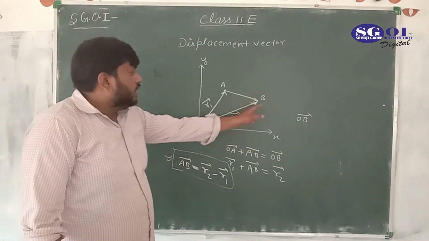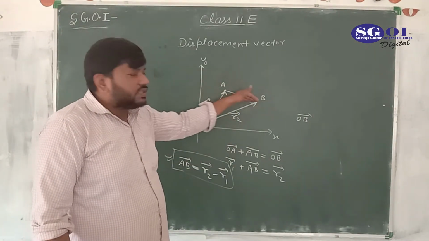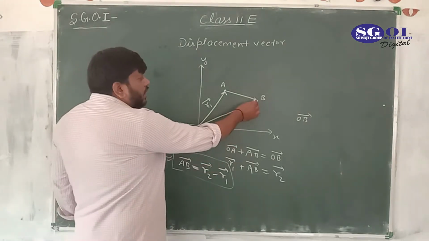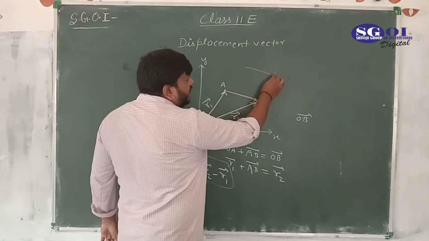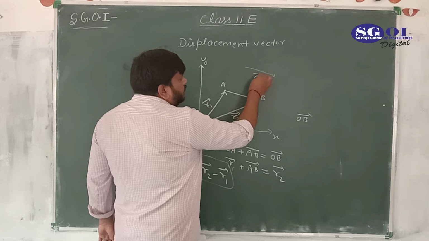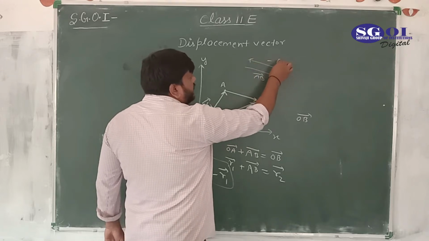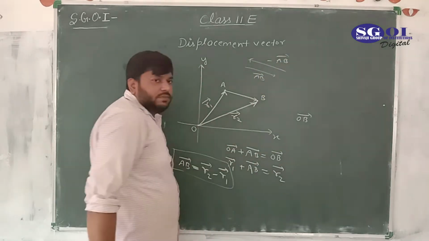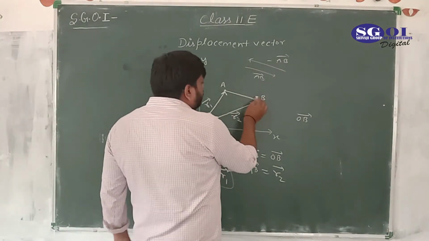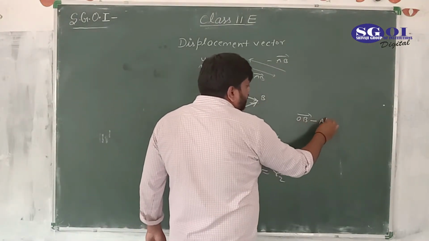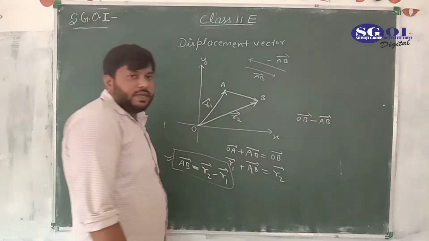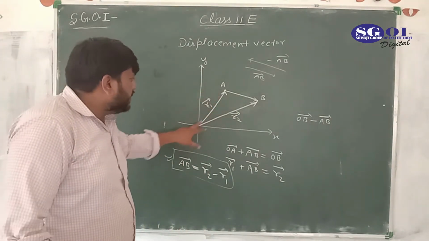Now you are moving like this, but the vector is representing this. I have already told you, if this is vector AB, so this would be the minus AB vector. Okay, so this is OB and this would be minus AB. OB minus AB. So the final resultant is OA.